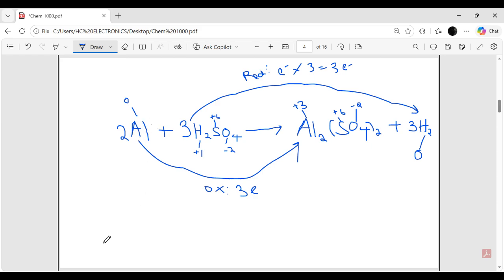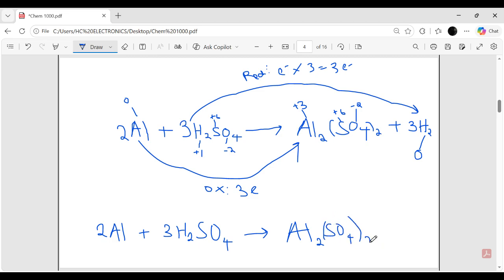As a result, you have the balanced equation, which is 2 aluminium plus 3H2SO4 is equal to aluminium sulfate, 2 plus 3H2.